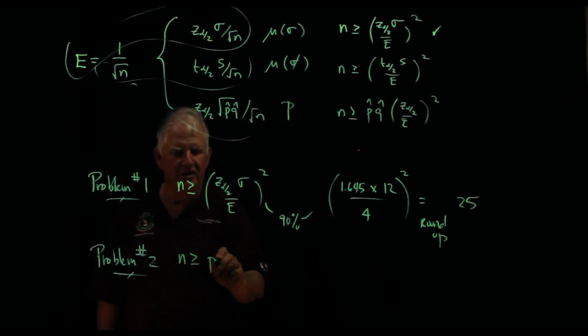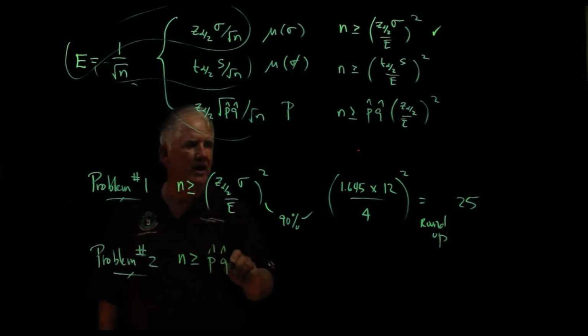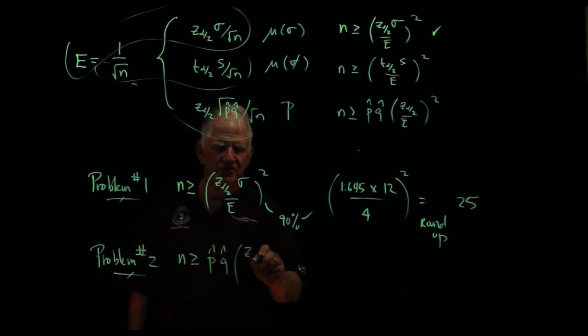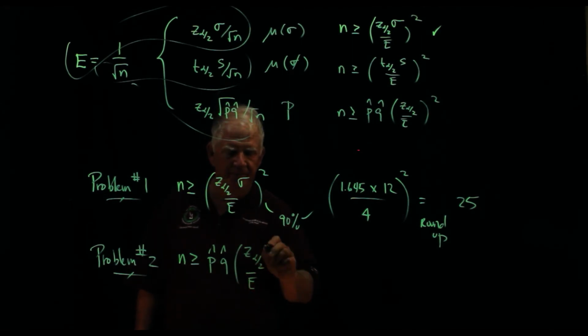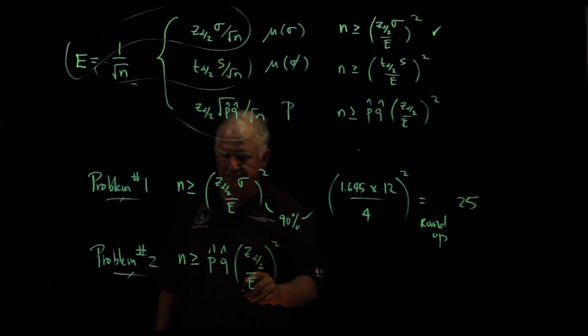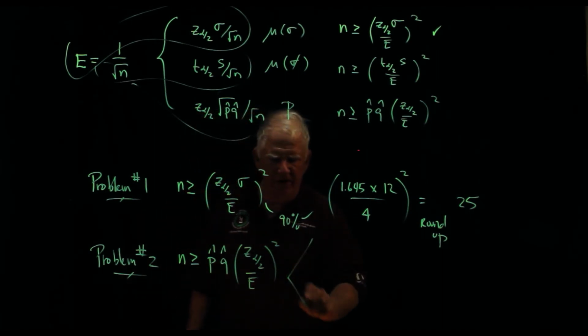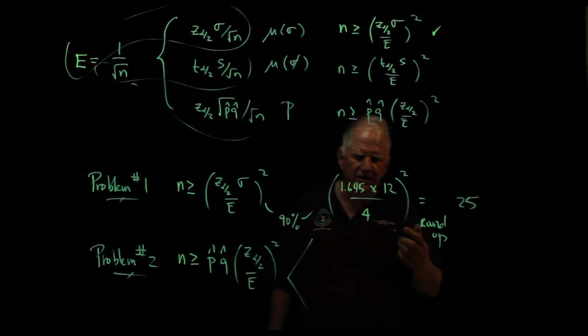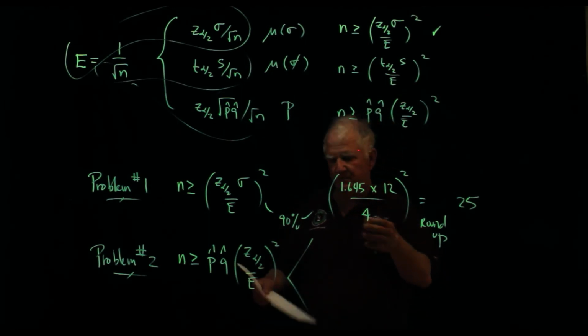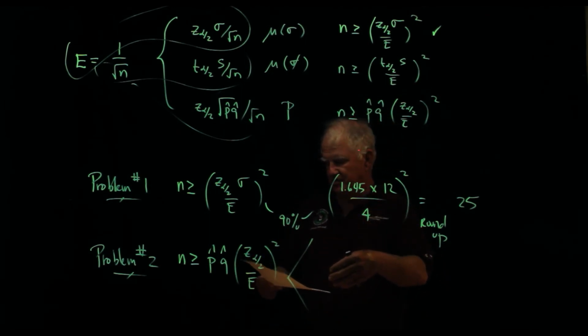so if we want to find a minimum N, we're down here, we need to know P hat, we need to know Q hat, we need to know Z alpha over 2, and we need to know E. So let's see in fact what we need. What is the P hat? The P hat is the sample proportion. What sample? 110 students.